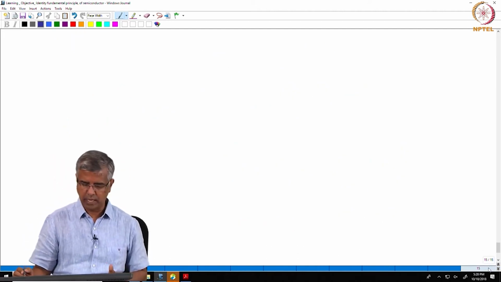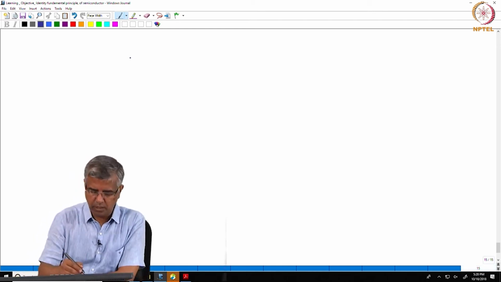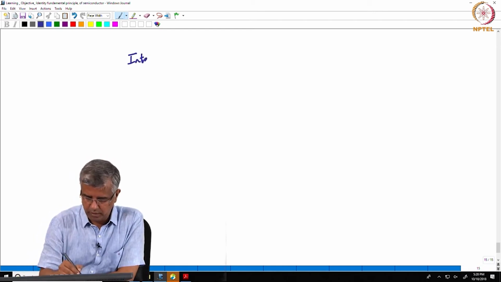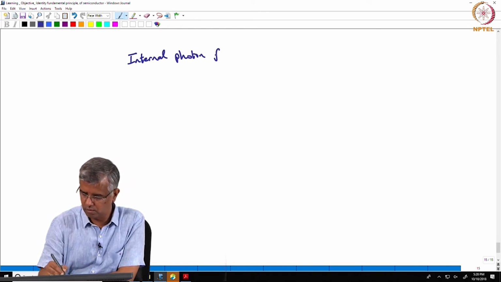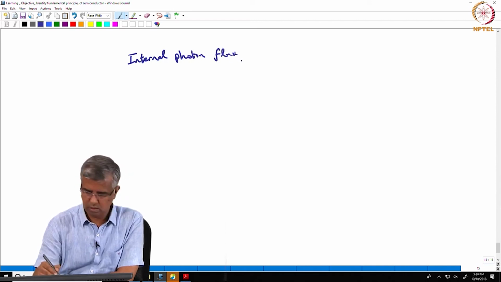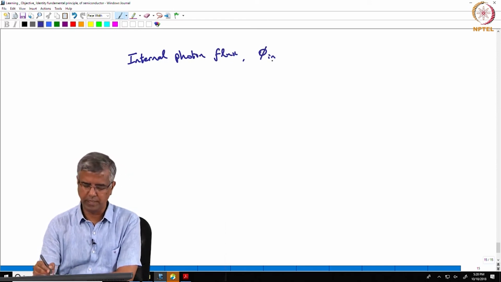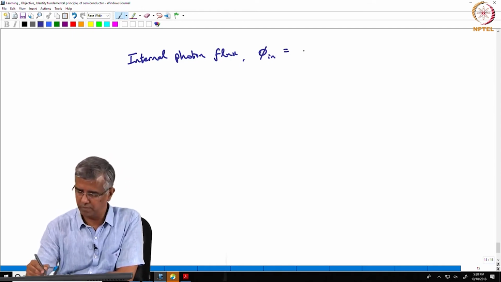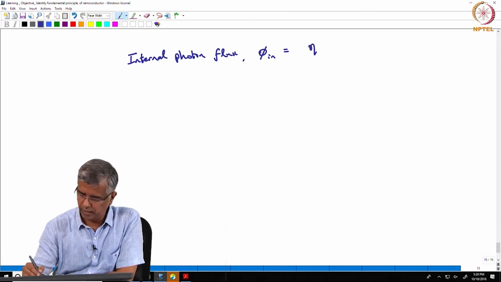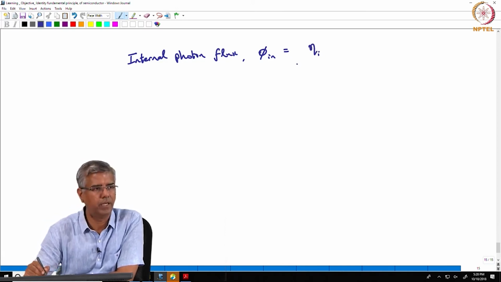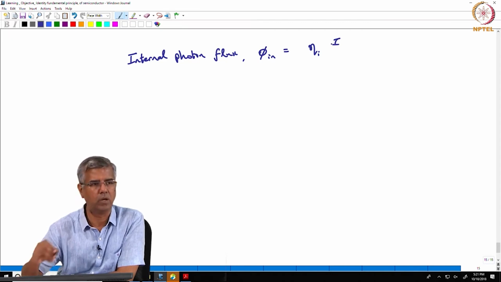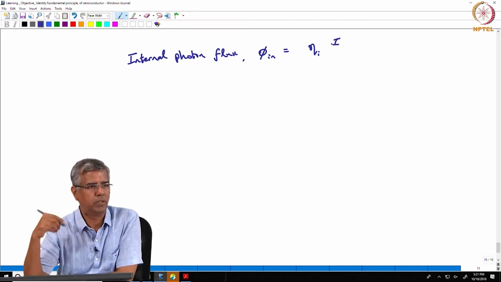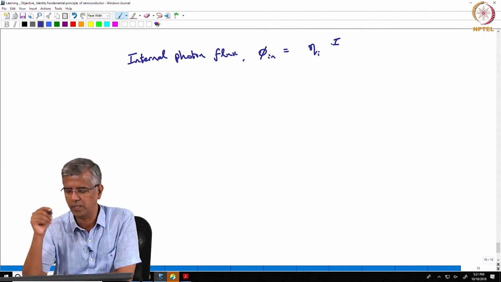For calculating the power emitted, you will have to look at first of all the internal photon flux. Let us call it phi in, and that is going to be given by eta I, just like we did for the LED case. It is going to be given by the internal quantum efficiency, which depends on the radiative rate over the total radiative plus non-radiative rate.